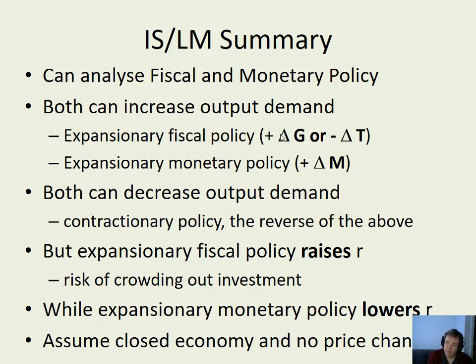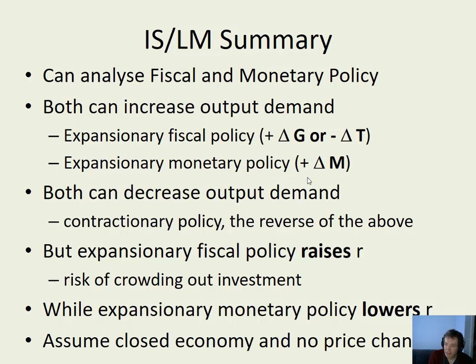Similarly, by reversing that, you can decrease output demand, which is contractionary policy. So expansionary policy is using either fiscal or monetary policy to boost demand. By reversing it, you get contractionary policy: cutting G, raising taxes, decreasing the money supply, which reduces output demand.